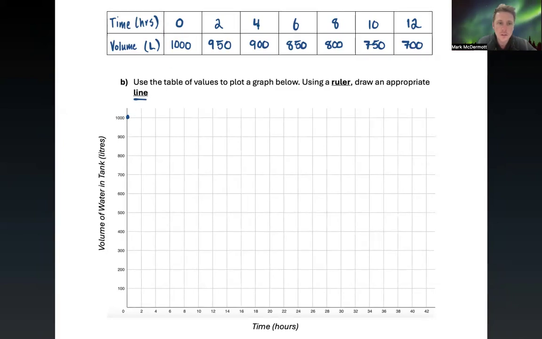After 4 hours, it goes to 900. So maybe I'll put the 4-hour one in. So that would be there somewhere, right? And then you've got to do your best to draw a line. And I'm going to try and use a ruler here as best I can. So about there.